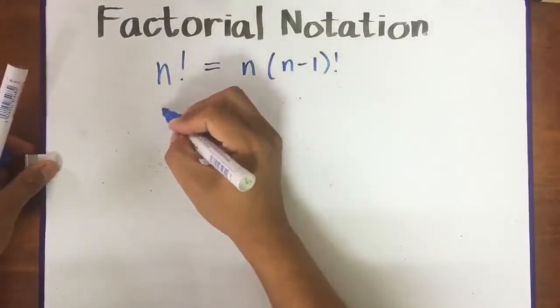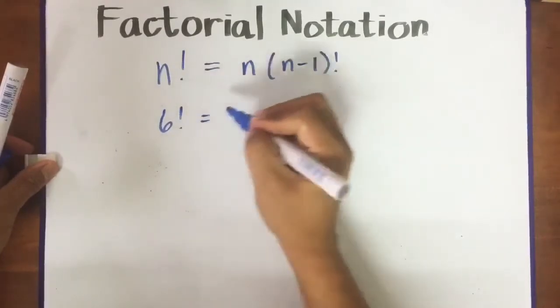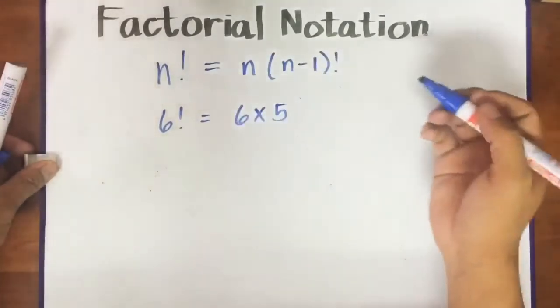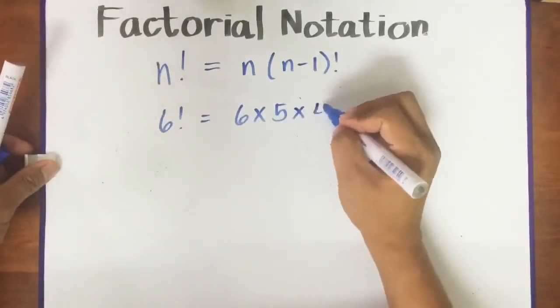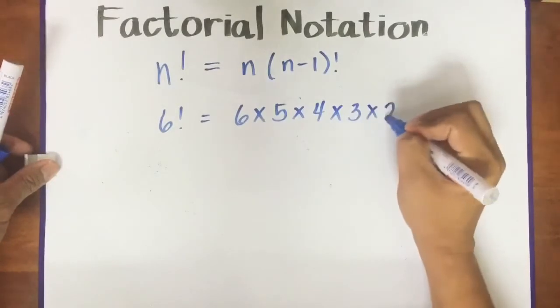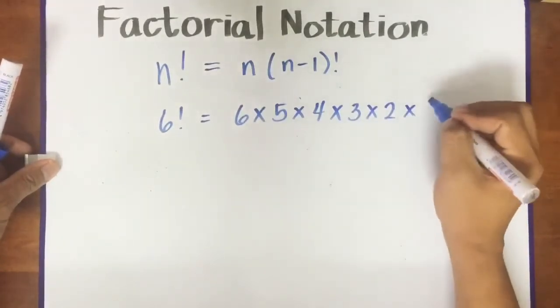Okay? 6 factorial is equivalent to 6 times 6 minus 1 is 5, 5 minus 1 is 4, 4 minus 1 is 3, 3 minus 1 is 2, 2 minus 1 is 1.